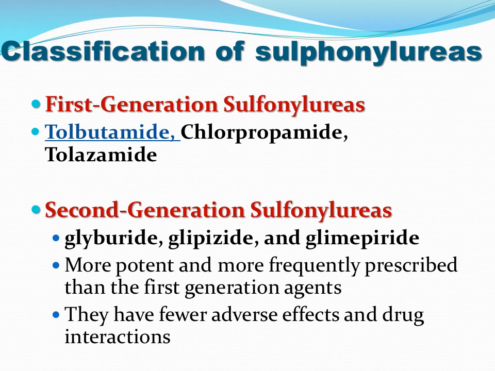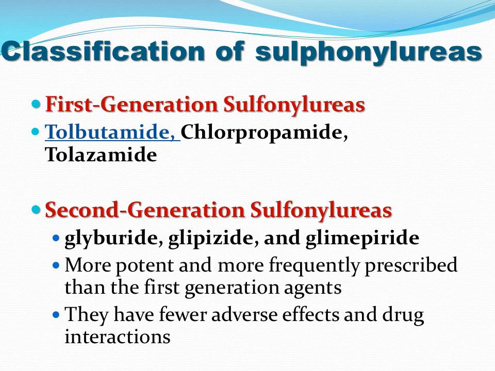Classification of sulfonylureas. Sulfonylureas are classified into 3 generations. First generation, which is old, the first drugs produced, and they are rarely used nowadays: tolbutamide, chlorpropamide, and tolazamide.